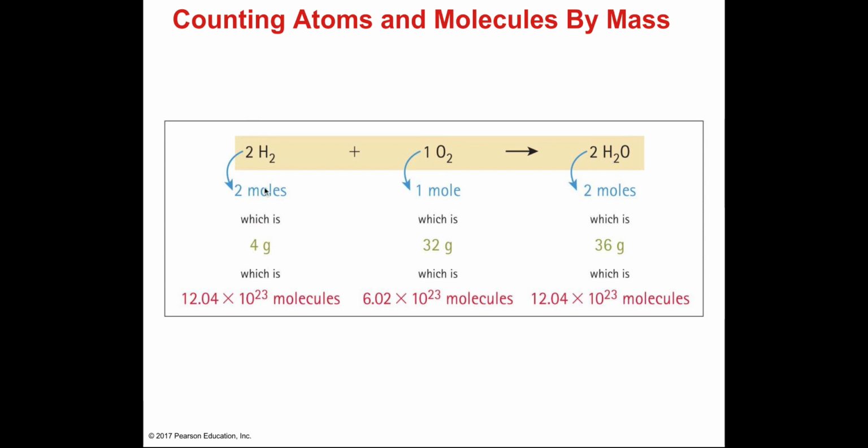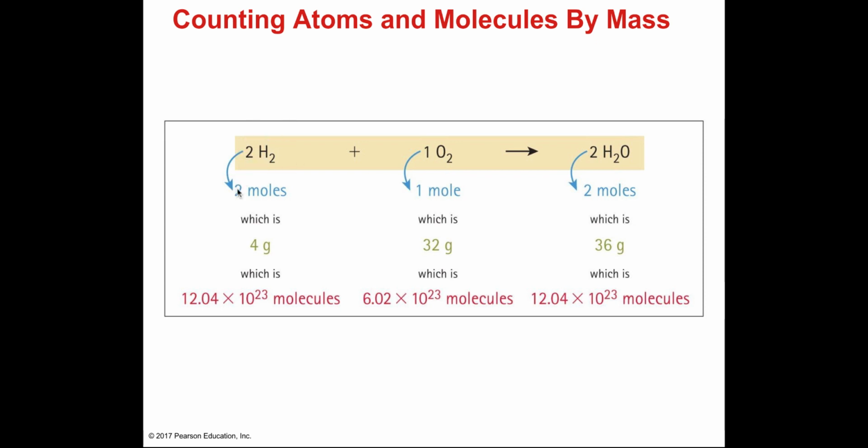Now, what is the mass of these 2 moles of hydrogen? If you look at your periodic table, we saw at the beginning that one hydrogen atom has an atomic mass of 1 gram. So if you look at how many hydrogens we have here, 2 times 2 gives 4.